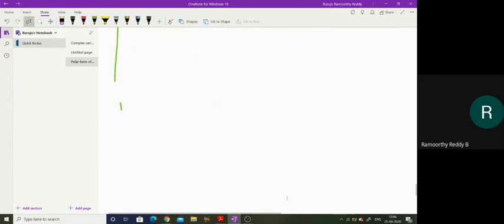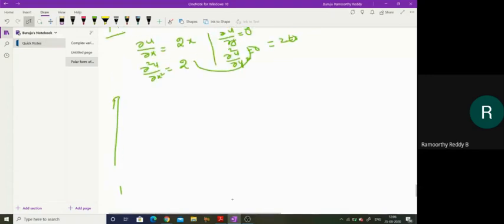Next one. U equal to x square minus y square. Can someone check whether u is harmonic or not?